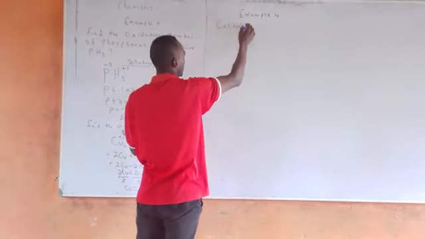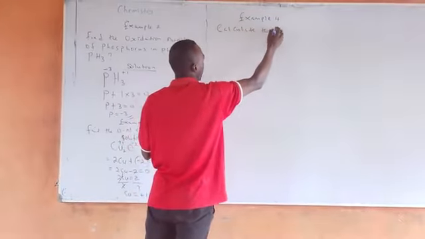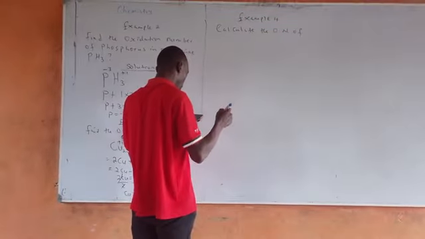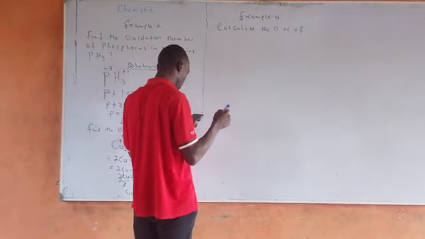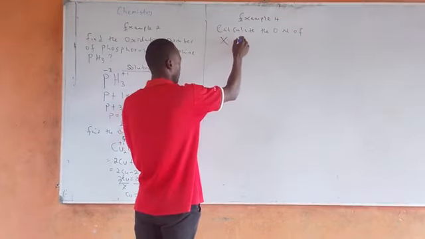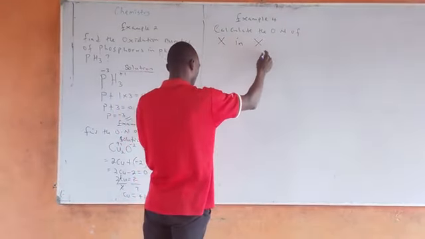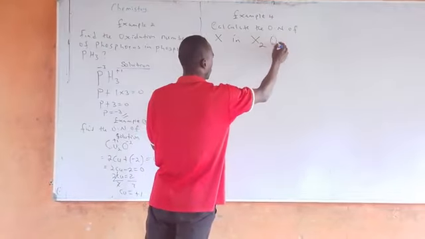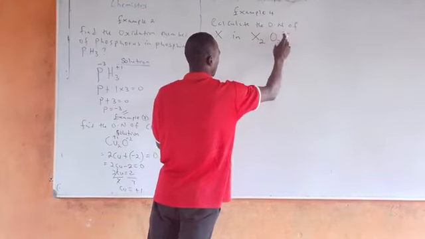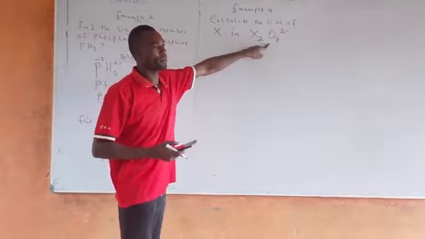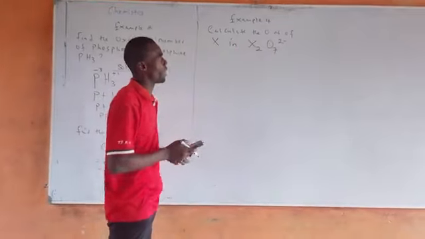Calculate the oxidation number of S in S2O7 2-. Now look at this compound. They say we should find the oxidation number of S here.